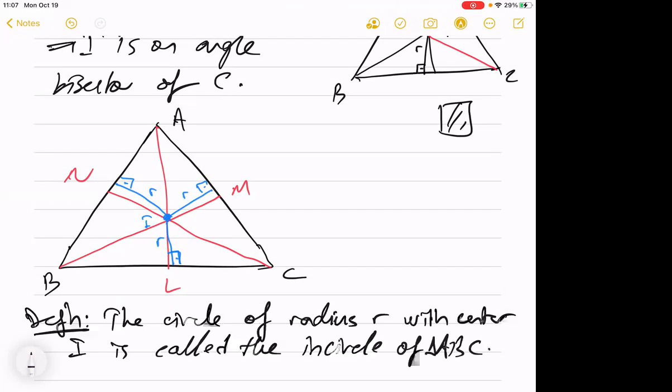Since these distances are the same, the incircle is something like this.